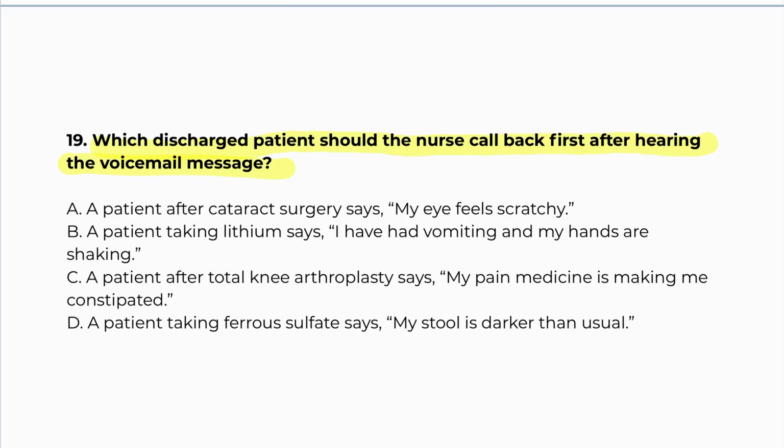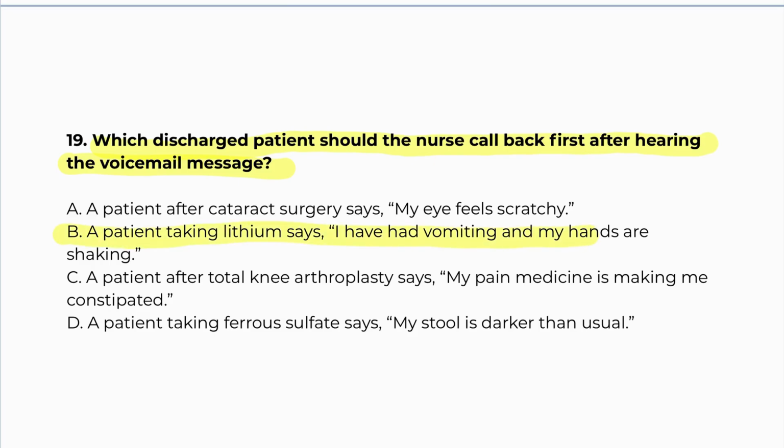Timer is running. 15 seconds. 5 more seconds. Time is up. Which did you choose?